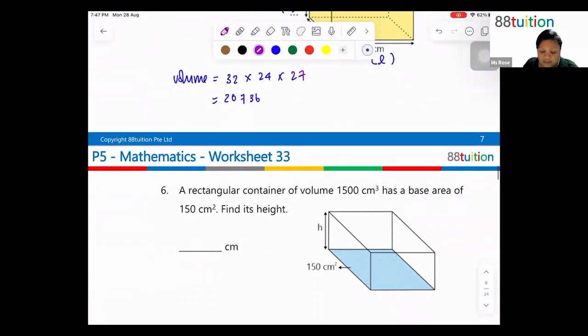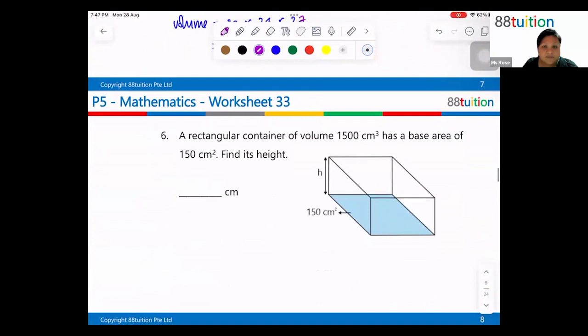Now question 6. What do we have? The question says that a rectangular container of volume 1,500 cm cube has a base area of 150. So we know that the volume is 1,500 and the base area is 150.